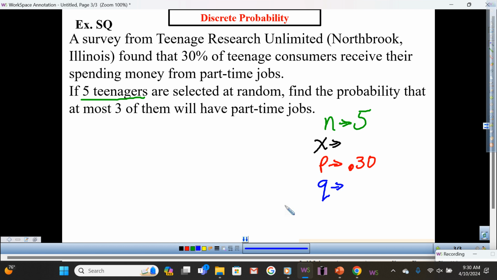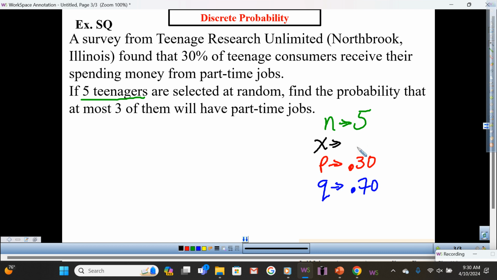How about Q? 0.7 or 0.70. And once again, we got P, we got 1 minus P, 1 minus 0.30 is 0.7, that's how we get Q. And last but not least, what is or what are X?